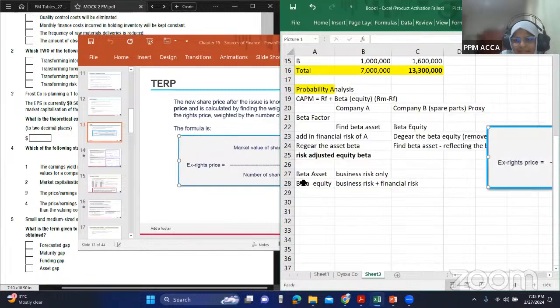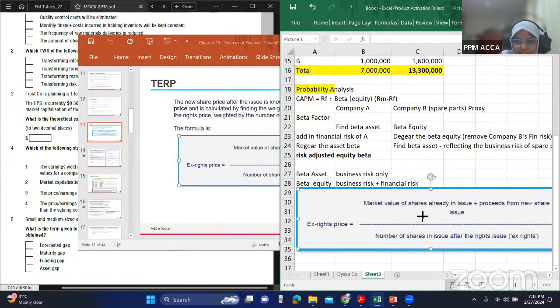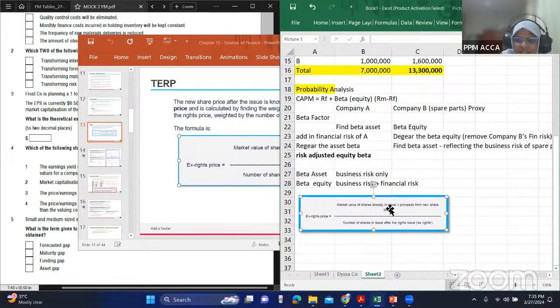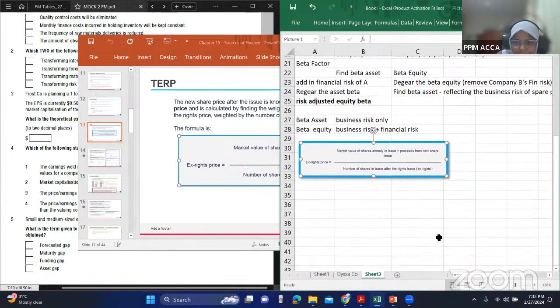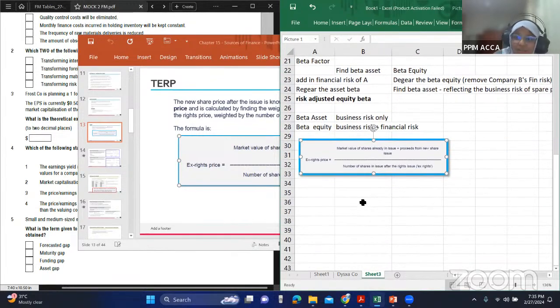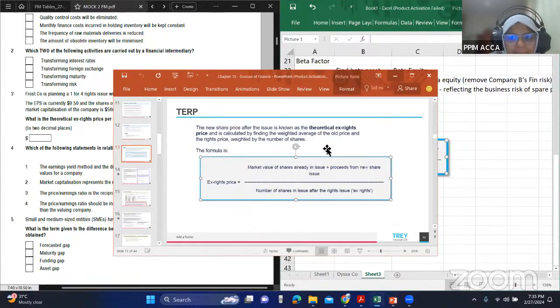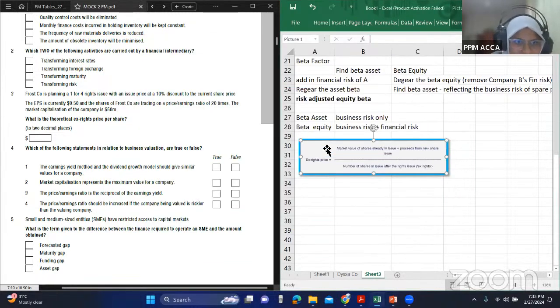To calculate the theoretical ex-rights price, you need the market value of shares already in issue, plus proceeds from the new share issue, and you divide it by the number of shares in issue after the rights. Okay. So first, let's figure out what is the current market value of a share. Nowhere here is it giving you the market price per share directly.